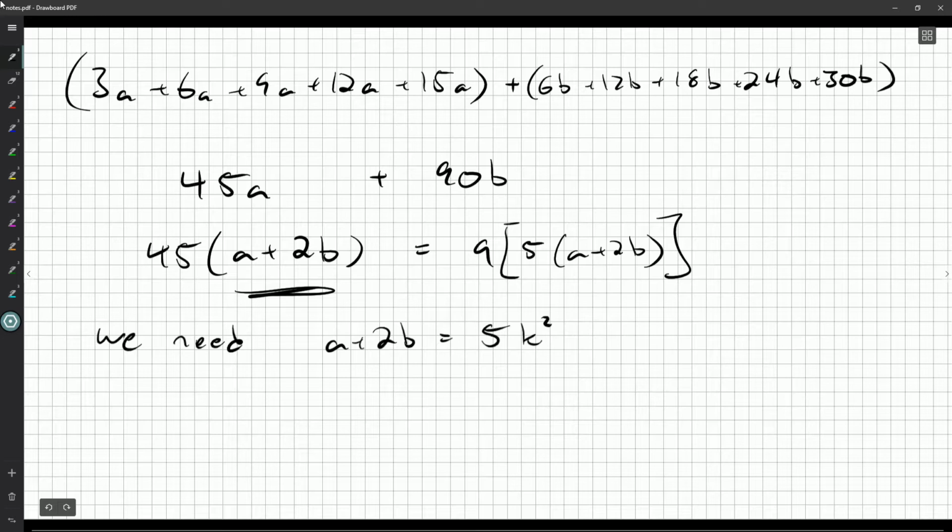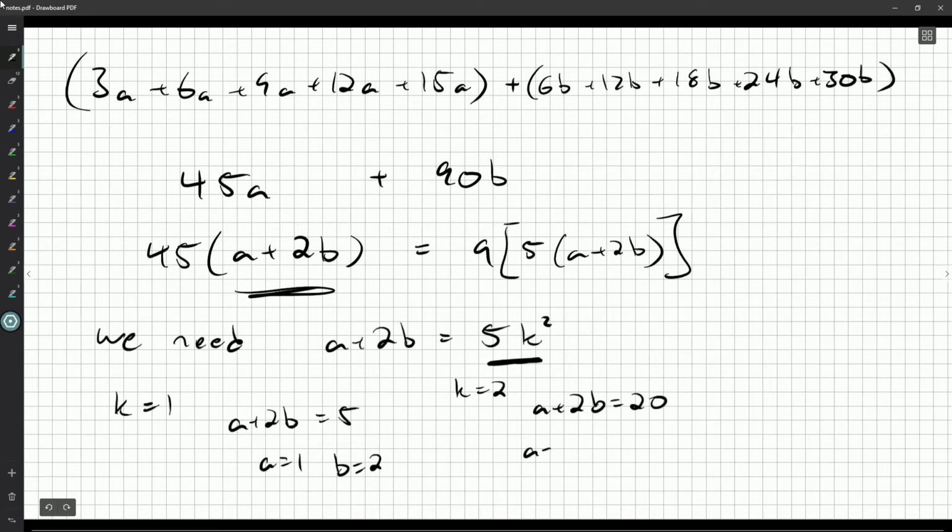Okay, well, let's just pick a few perfect squares. If the square is 1, we need A plus 2B to be 5, so we could say let A be 1 and B be 2. If the square is 4, then this expression is 20. Let A be 2 and B be 9.